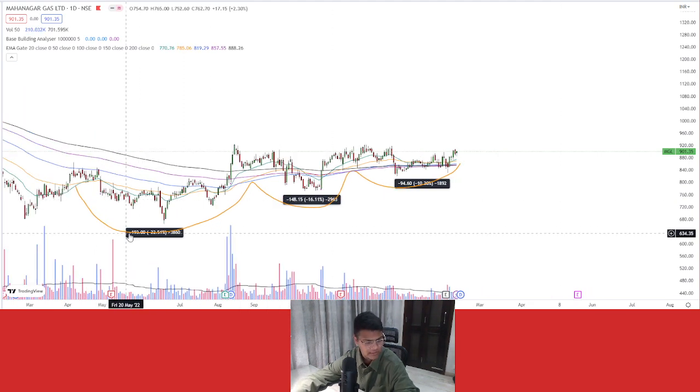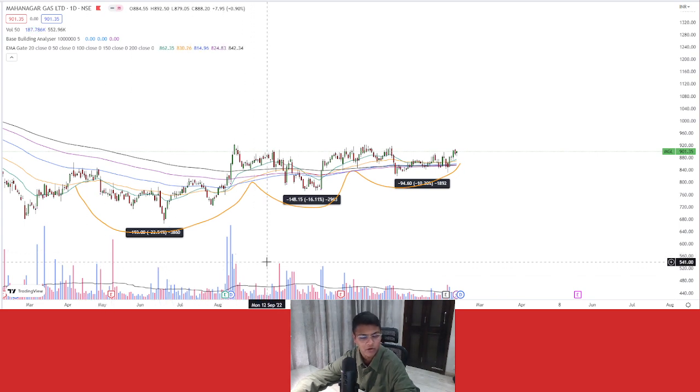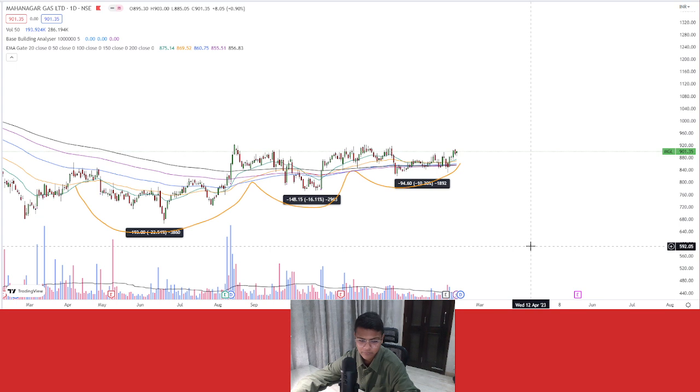These blue and red bars which you can see indicate the volume on a particular day, and this black line on the volume bars is nothing but the moving average for the volume. So it's the 20-day moving average for the volume. Basically, it's the average of the volume transacted in the last 20 days from the reference point.